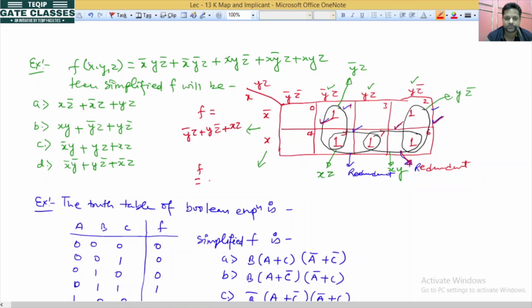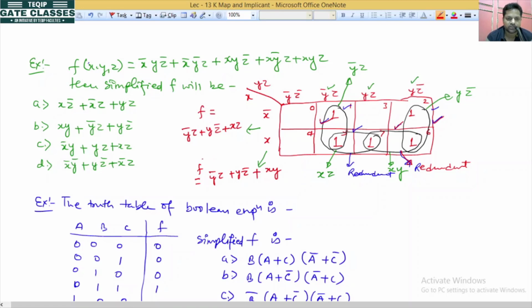The second simplified expression is y bar z plus yz bar, plus I have taken this one and treated this xz as redundant. Now I am going to take xz as redundant, so what will be the answer? Xy. So these two are the solutions for this function.